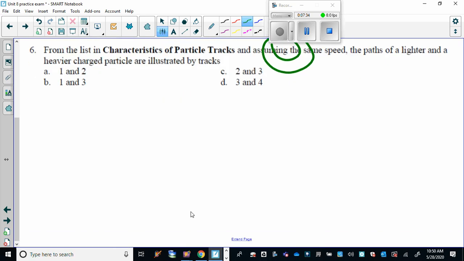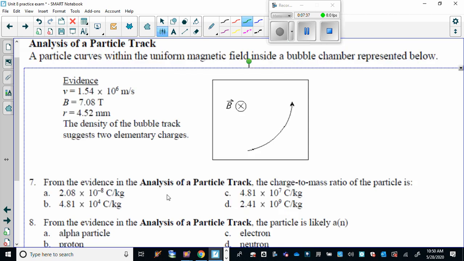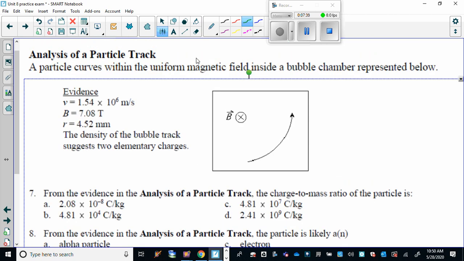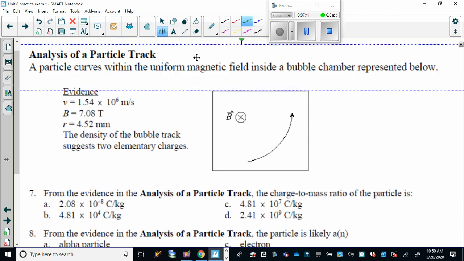There we go. We have the information for this one. We have an analysis of a particle track within a magnetic field. And from the evidence of this particle track, the charge to mass ratio of the particle is, okay, so this is similar to the previous question we did. We've got the velocity, we've got the magnetic field strength, we've got the radius, and then it says the density of the bubble track suggests two elementary charges. So it could be +2 or it could be -2.